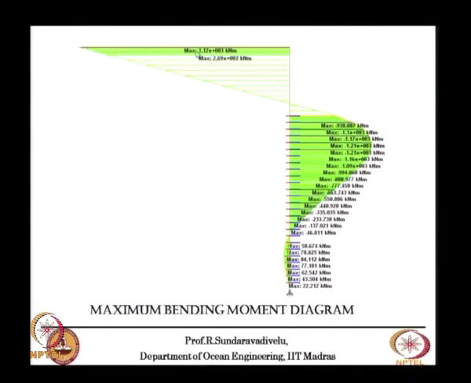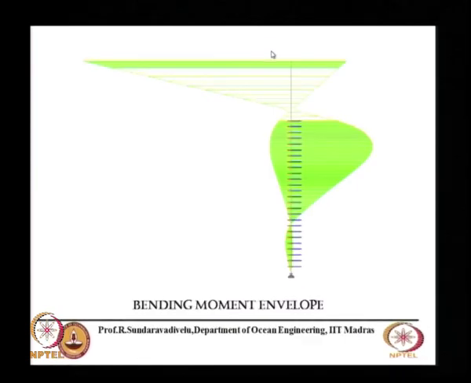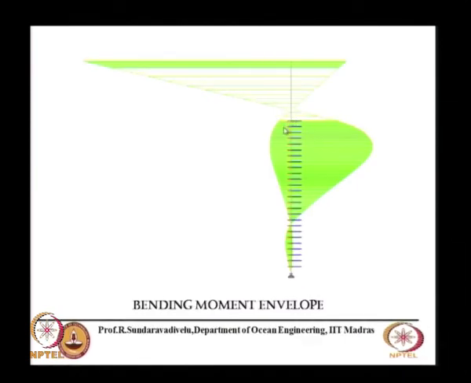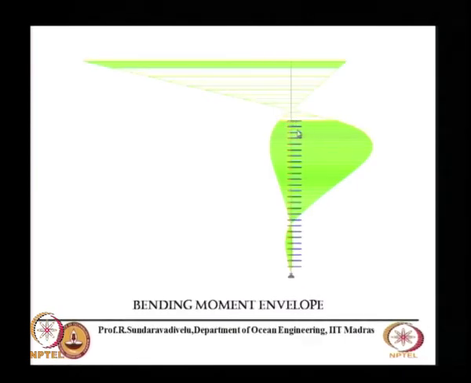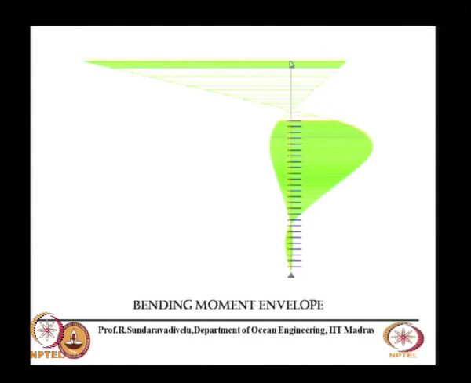This is the maximum moment that is coming at the center line of the beam column junction. Then this is called the envelope. The envelope gives, for many load combinations, what happens to the bending moment diagram in different directions. So at this level you will have either movement this much or this much. If you take this level you will have this much movement on one side and this much movement on the other side. So you have to design for all these types of bending moments.